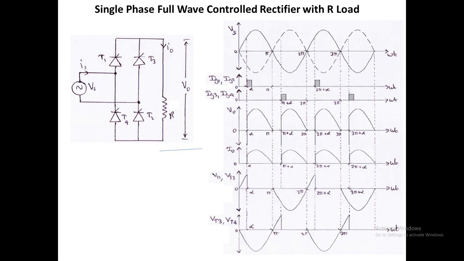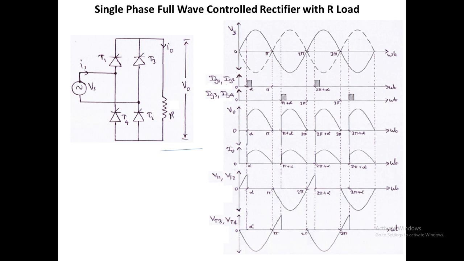And the next one, VT1 and VT2, are the voltage across the thyristors, or voltage across the SCRs. Whenever the SCRs are conducting, the voltage across them is 0, and whenever the thyristors are not conducting, they will be in the off position. In that condition, the input voltage is applied across those devices.